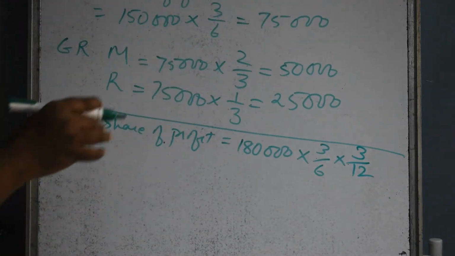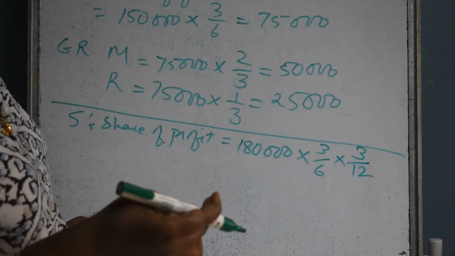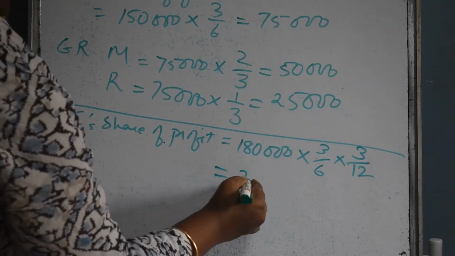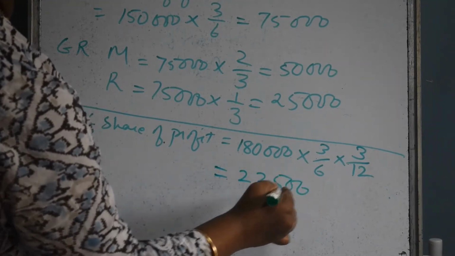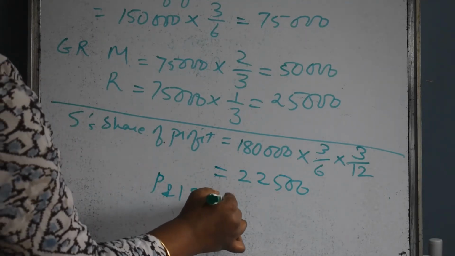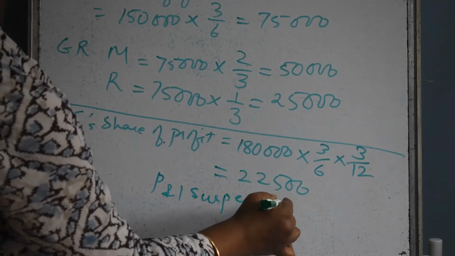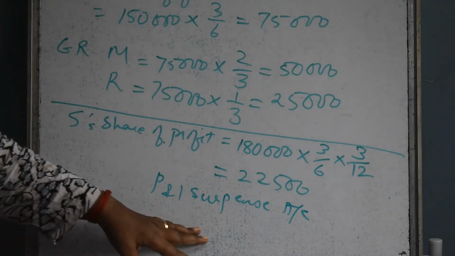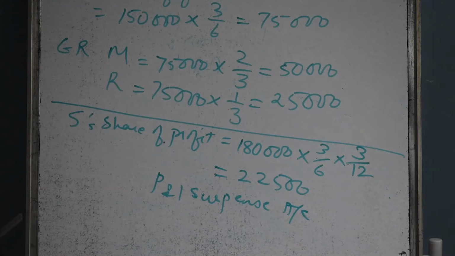The balance sheet is given as of March, then April, May, June. So the answer is 22,500. So this will go to profit and loss suspense account. Okay. So we are finished with the working note. We have goodwill and share in the profit and loss account. So it goes to profit and loss suspense account 22,500.